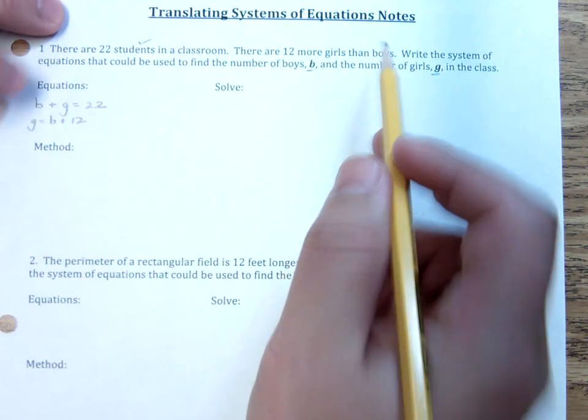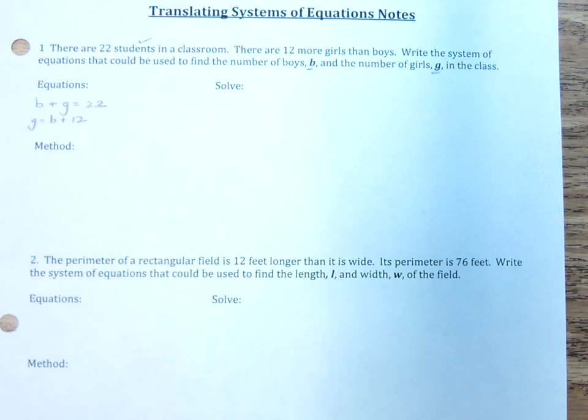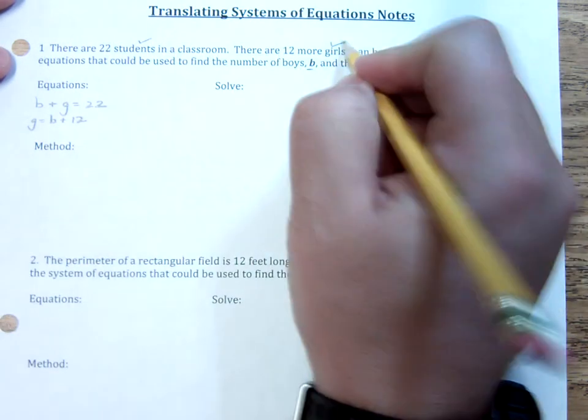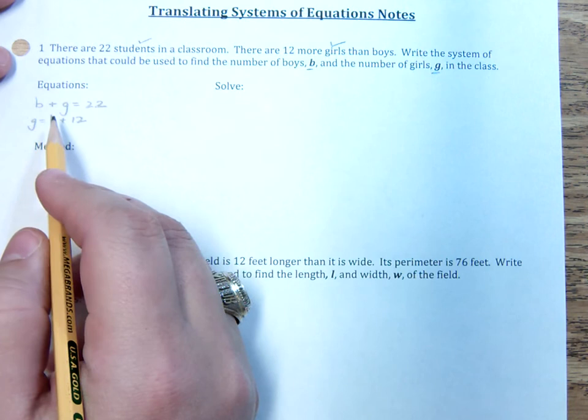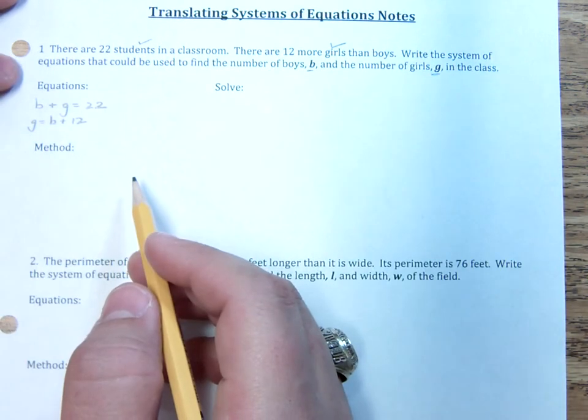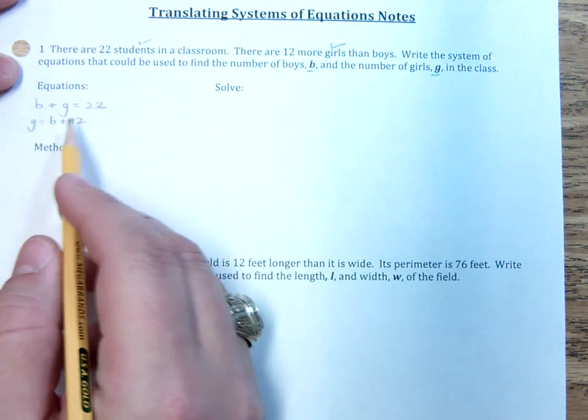That means if you take the equal amount of boys and girls, there's 12 more girls. So you've got to take the boys amount and then add 12, and that's going to tell you how many girls you have altogether. So now you've created a system of equations. And so we've taken care of this one. So now we have 2 equations.